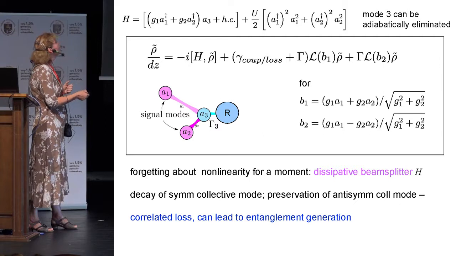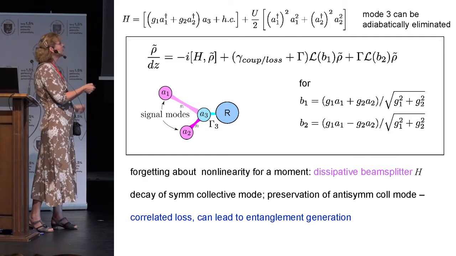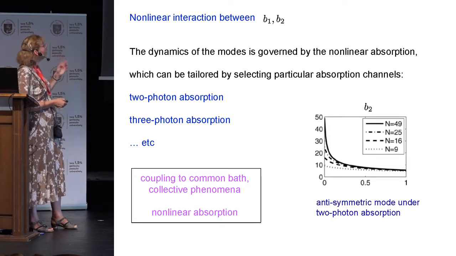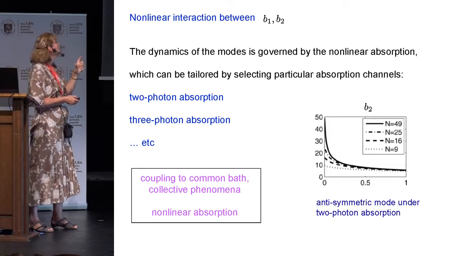So I basically revert to these two modes instead of looking at just the initial coherent modes, and then I can look at the nonlinear interaction between these two collective modes.